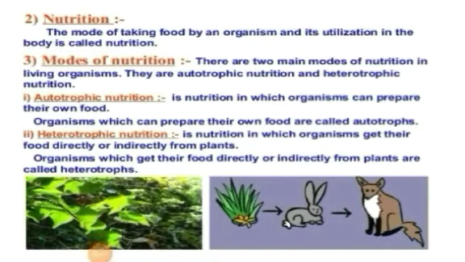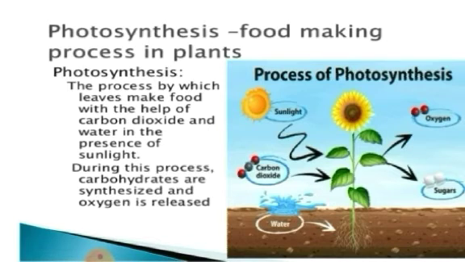In autotrophic nutrition, the organisms which can prepare their own food are called autotrophs. So, the best example is plants. We already discussed that the plants prepare their own food by the process of photosynthesis.